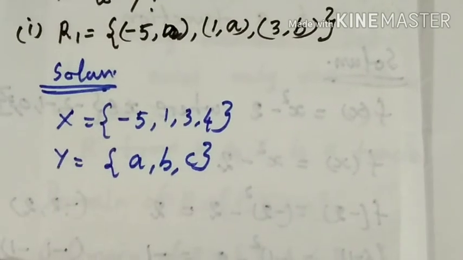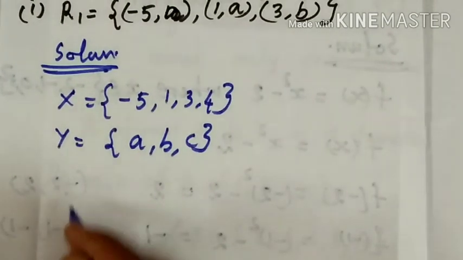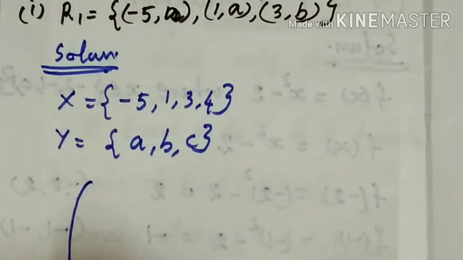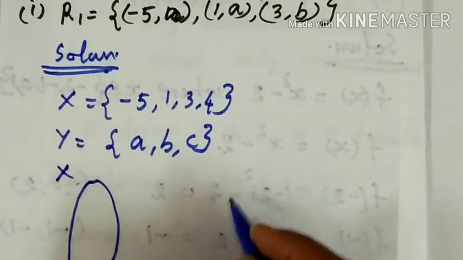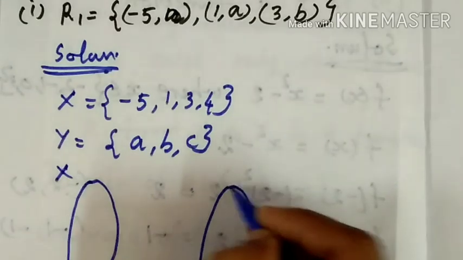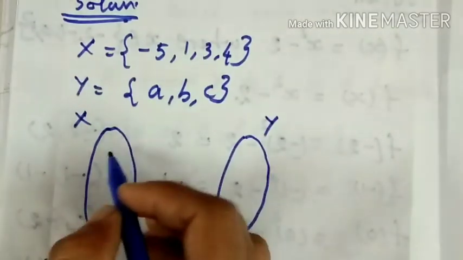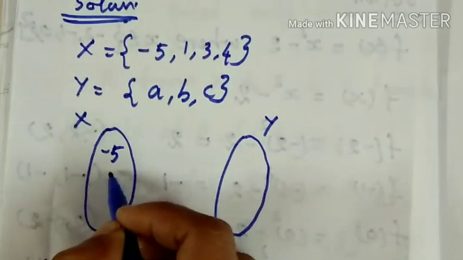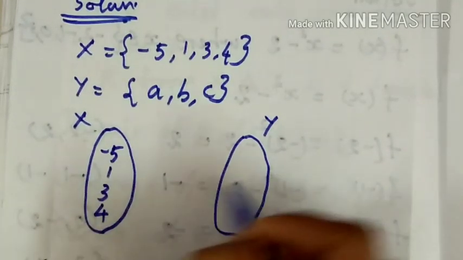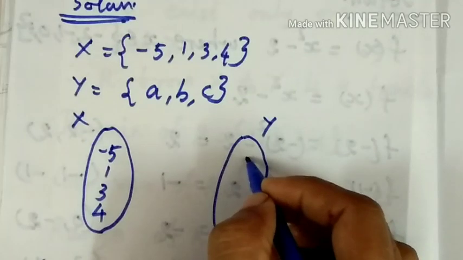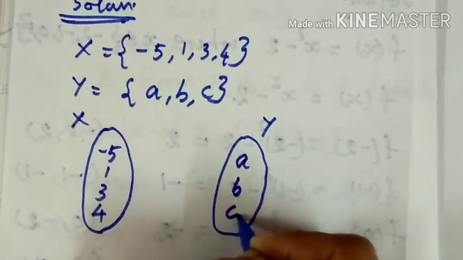So now you make an arrow diagram of R1. In the first set you write the X elements minus 5, 1, 3, 4. Next set you write the Y elements A, B, C.